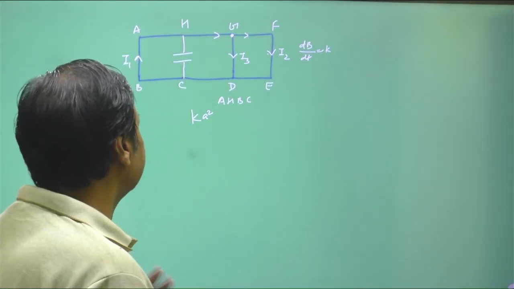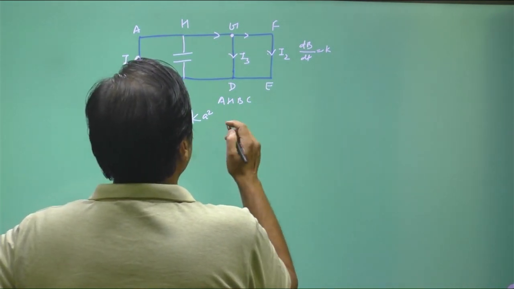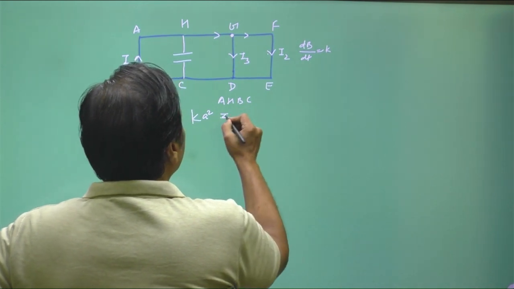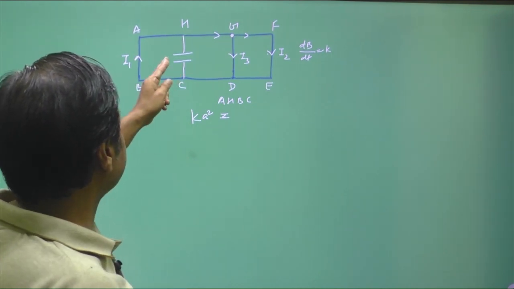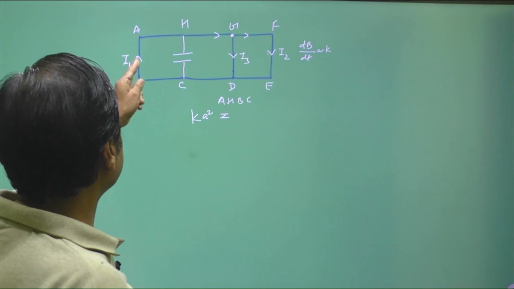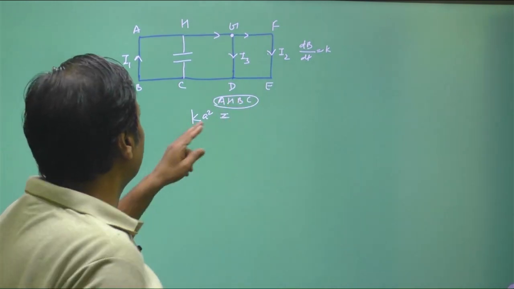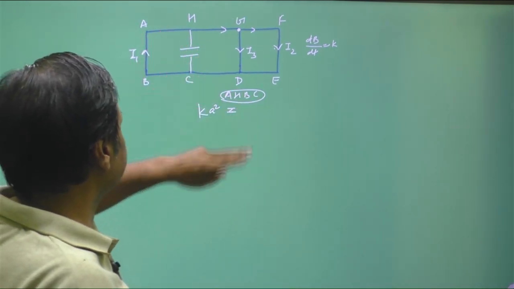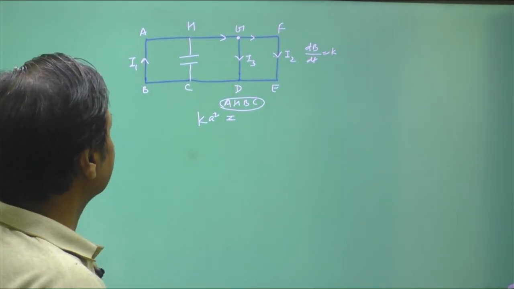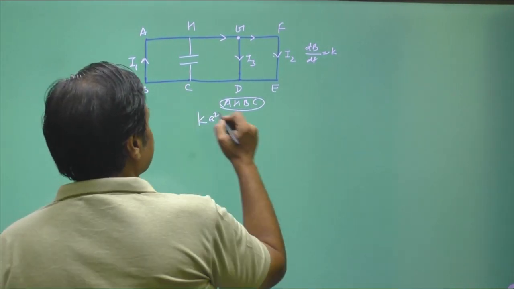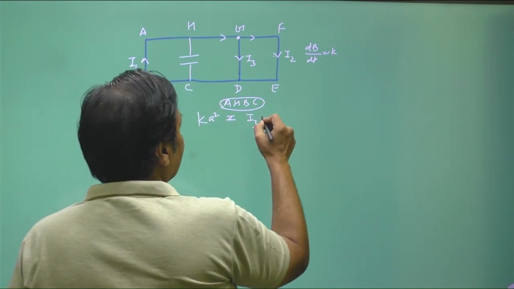And I can write something else. This Ka square is being used by this current I1. If I consider this loop, this Ka square is being used by I1 through these three resistances.